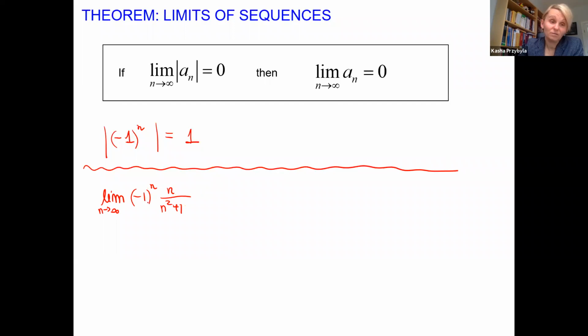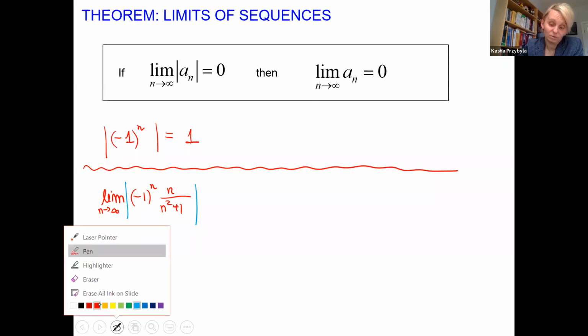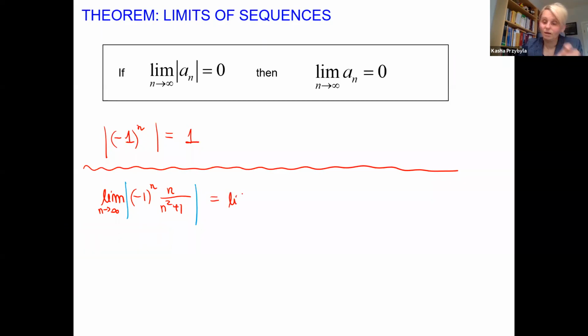We see -1 to the n, so I will use the property above and take the absolute value. Then this will become 1, and n is a positive number, and this is positive.